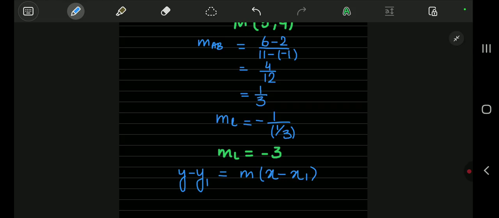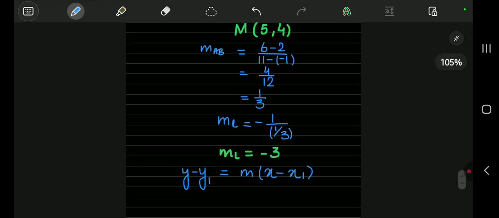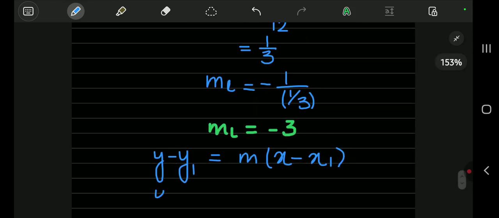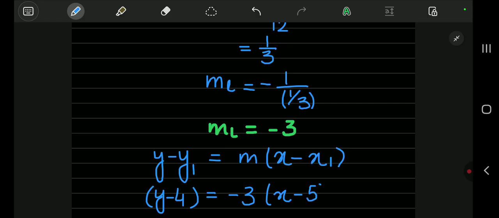Okay, so y minus y1, which point are we taking? (5, 4). So y minus 4 equals -3 times x minus 5.